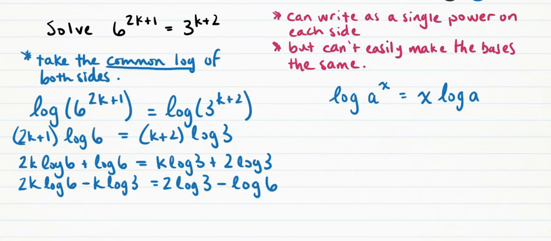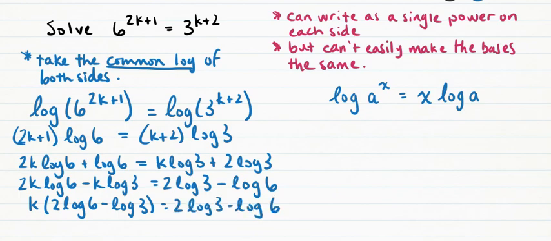I can now common factor the k on the left-hand side. So k times (2 log 6 minus log 3) is equal to 2 log 3 minus log 6. And the purpose of common factoring that k on the left-hand side is that now I have k almost isolated.